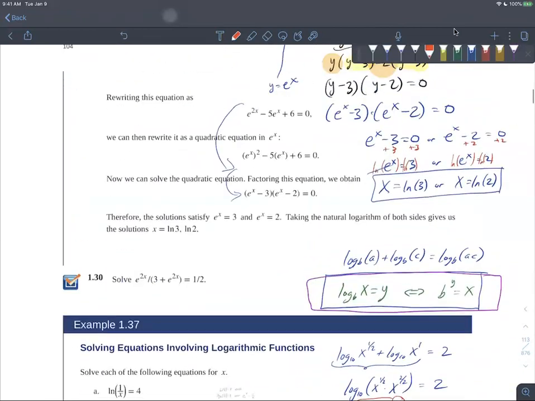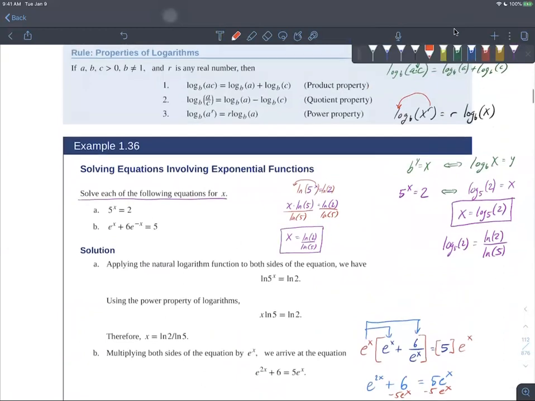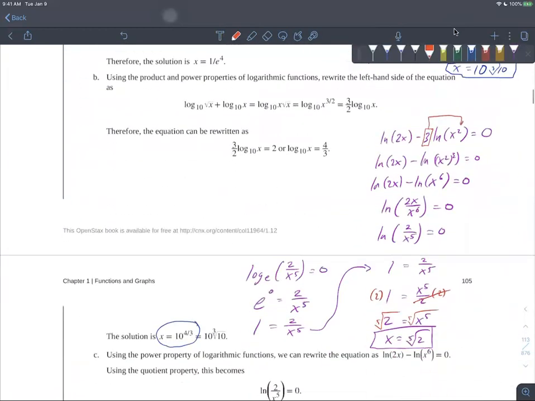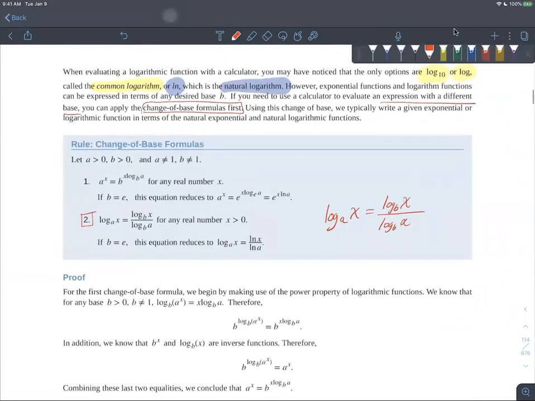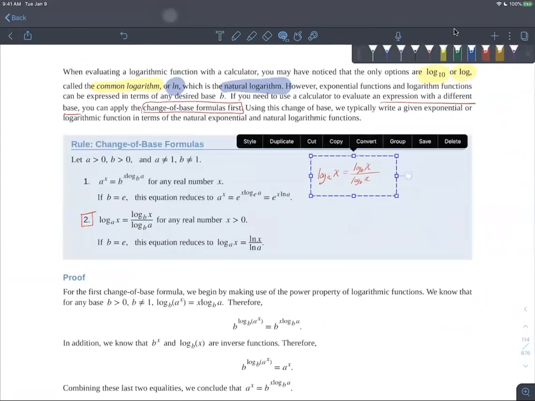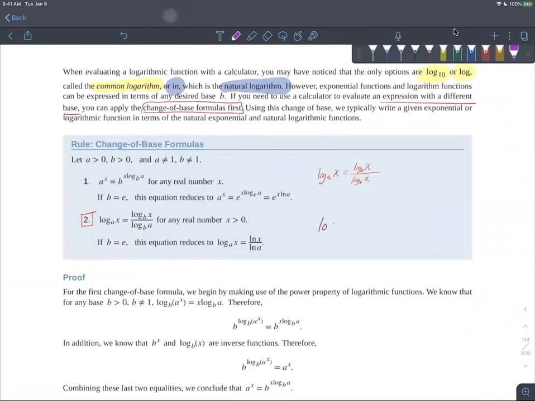We actually did one earlier when I did the problem a little bit differently, when I said that the log base 5 of 2. So earlier I had the log base 5 of 2, and according to this formula, this is equal to the log with any base.